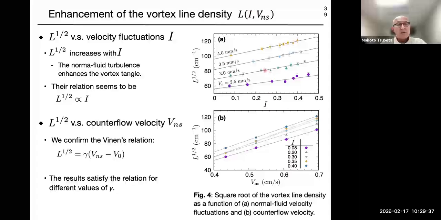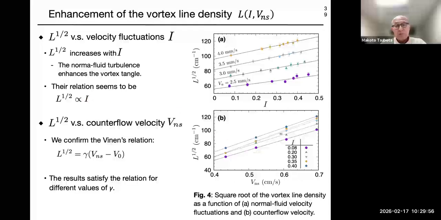The upper figure shows the square root of L versus the velocity fluctuation I. Certainly, normal fluid turbulence enhances the vortex tangle, and we found the square root of L to be linearly proportional to I.